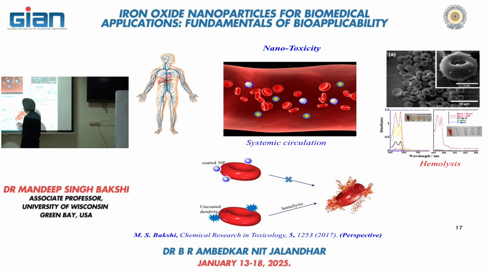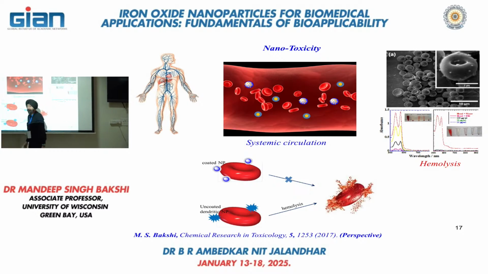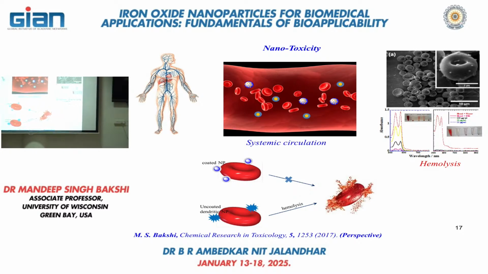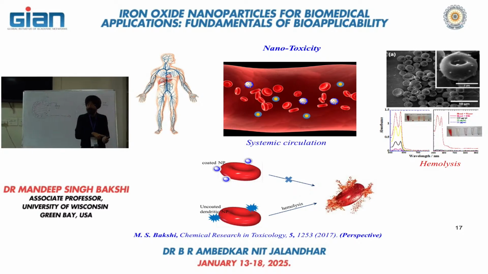So you need to find a way so that the nanoparticle which you are choosing should not interact with the blood cell membrane. You should keep in mind that any metallic surface, nanometallic surface, has very high potential to interact with the living cell wall.